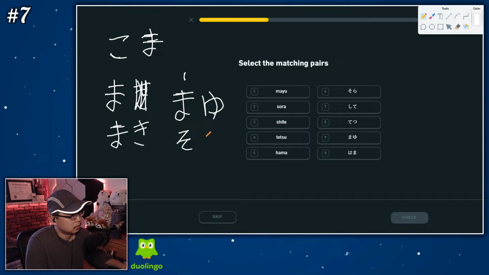Sora. Shite. Oh, I should really write them about the same size. Shite.